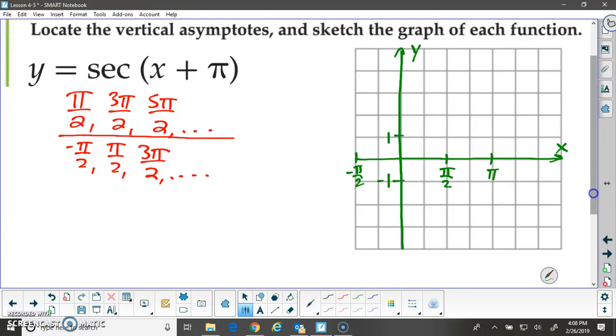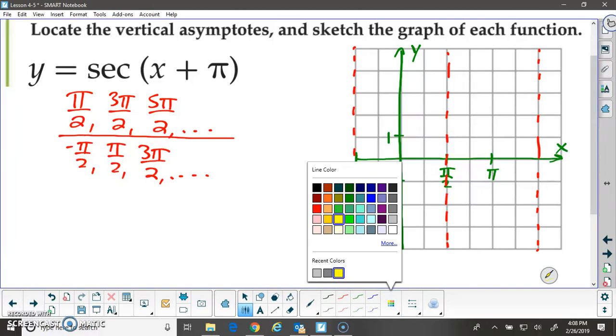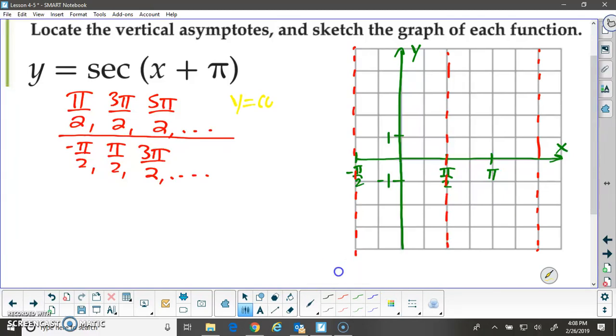All right, so we've got one at negative half pi, one at positive half pi, 3 pi over 2. These are 4 boxes apart. And since we are drawing a secant graph, let's first draw its reciprocal, a cosine, shifted to the left pi. So a cosine wave shifted to the left pi.